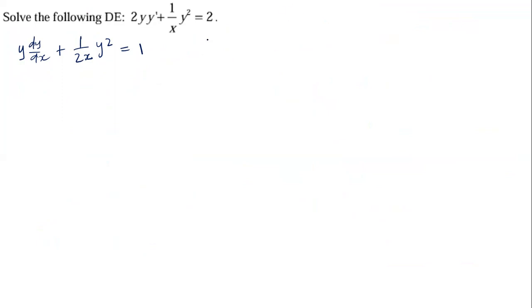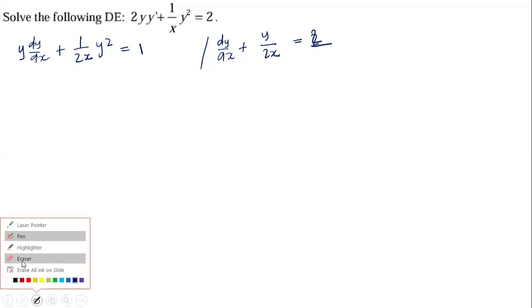Let's do it so that you don't get confused, so that you can understand what I'm actually talking about. Let's divide both sides by 2y. So that means here we're going to have dy over dx plus, if I divide both sides by 2y, y over 2x, right? And on this side, I'm going to have 1, because 2 is going to cancel 2.